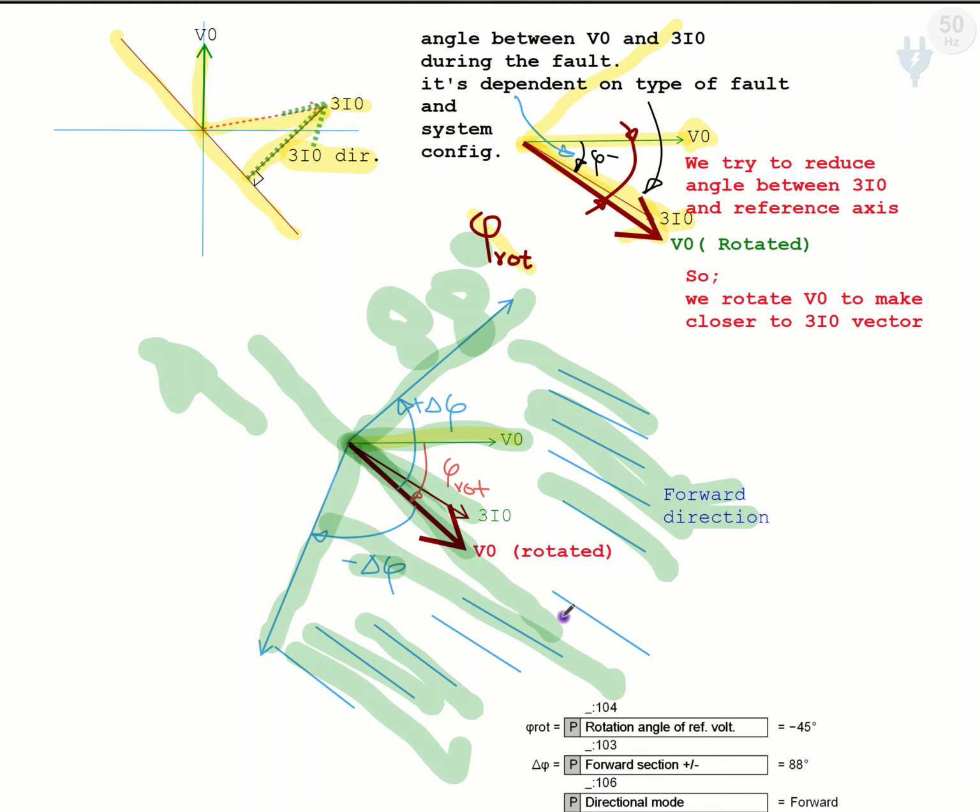According to this new axis, the side closer to V0 is the forward direction, and the opposite side is the reverse, backward direction.